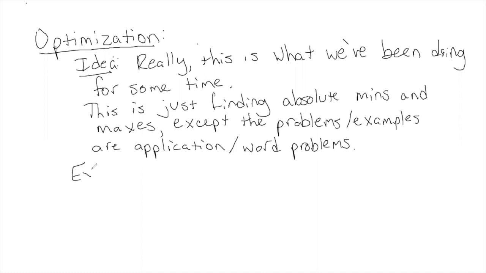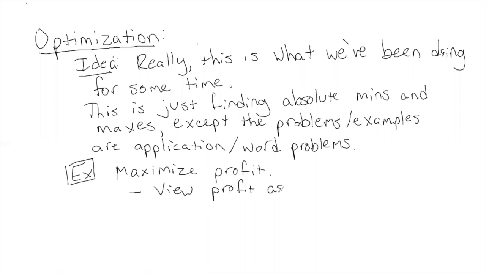So for example, we can ask you to maximize profit. So how we do this is view profit as a function and find the absolute maximum.